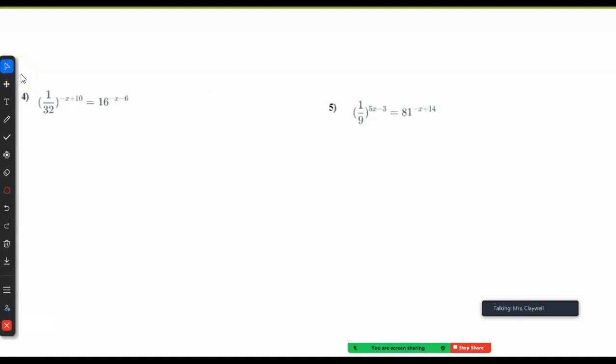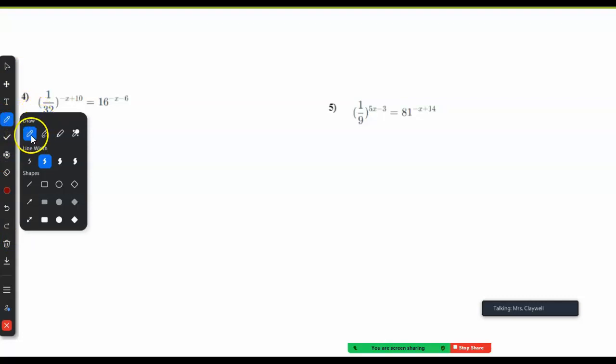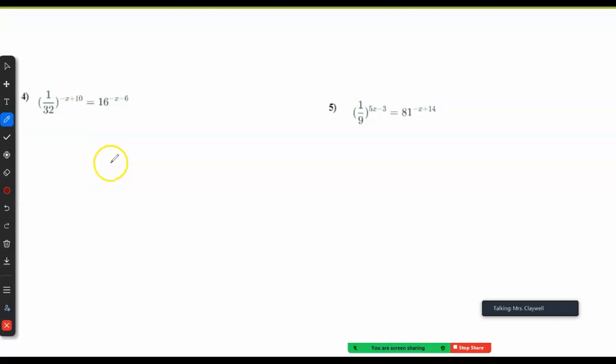The last ones we're going to do are 4 and 5. Notice that they both have negative exponents. So I'm going to start by looking at these as 32 and 16. I would write these both with 2's in common. And it's not 2 to the 5th, it's 2 to the -5th because it was in the denominator. That's the only change when we have negative exponents.